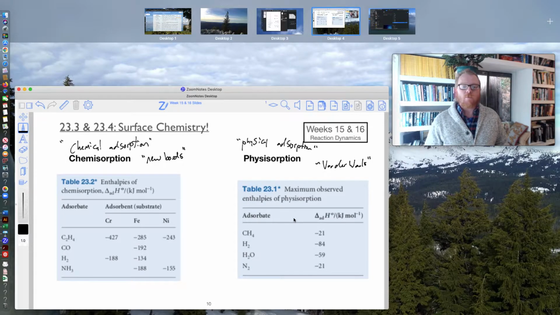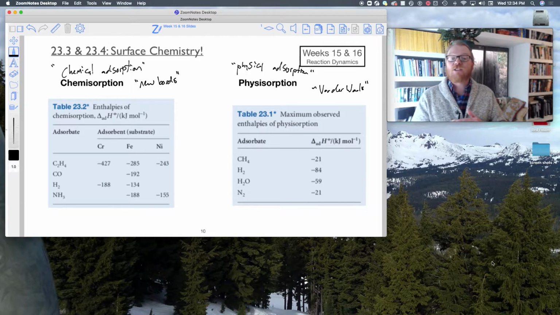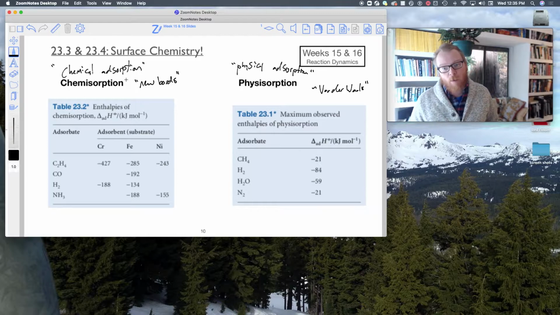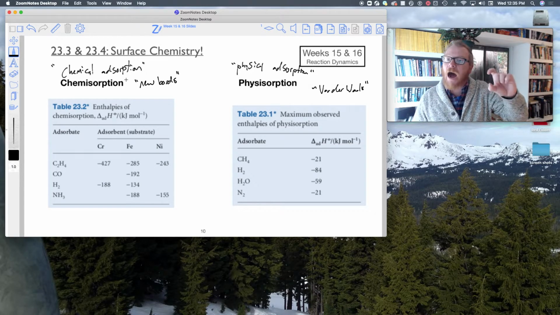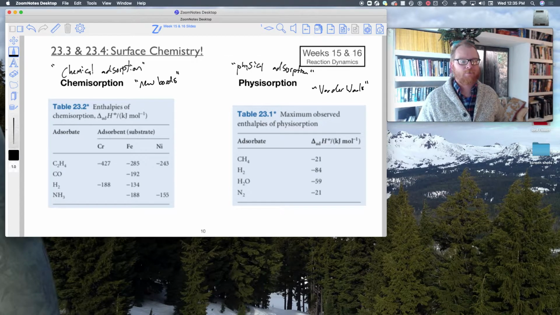So in physisorption, right, the molecules might be stuck, but they can certainly become unstuck. Chemisorption, that's very difficult, and typically chemisorption is irreversible. Okay, so there's been a new bond created that's binding that add atom to the surface of that heterogeneous catalyst.